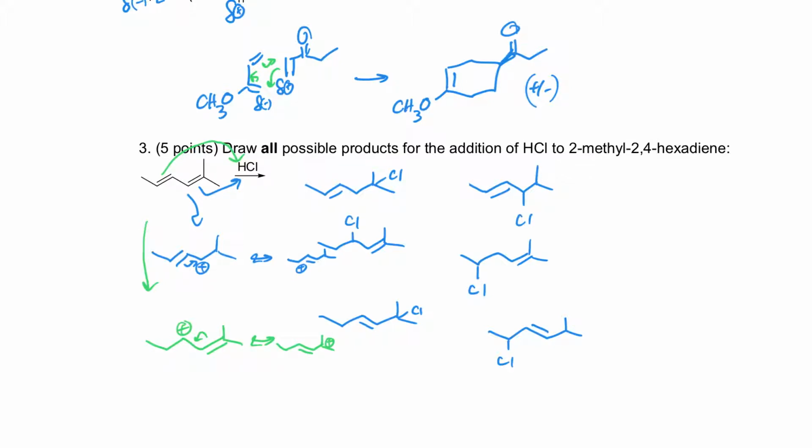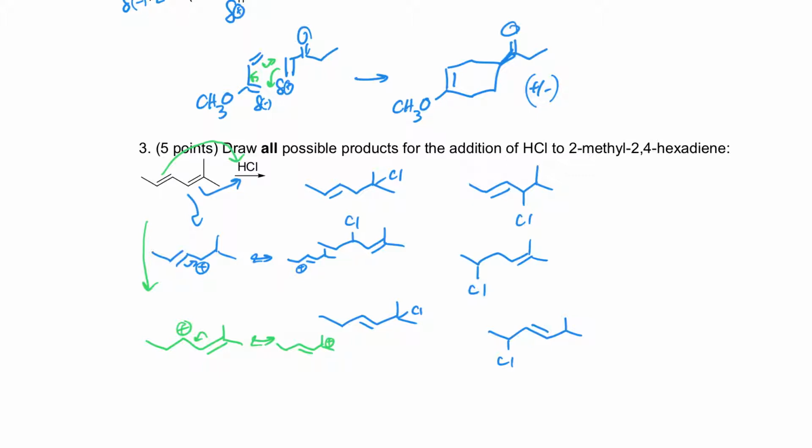The resonance version, the second resonance structure. Now we could evaluate these two cations in terms of their stability. Secondary for the blue one. Secondary, tertiary for the green one. So most likely the green one will form first, regardless of our thermodynamic versus kinetic product. This is where we then can branch out into forming the thermodynamic or the kinetic.